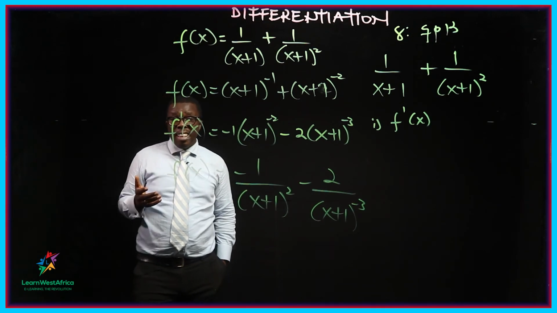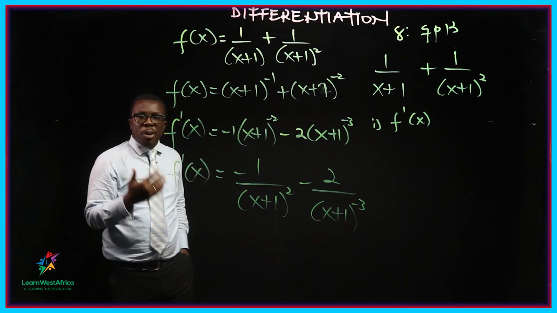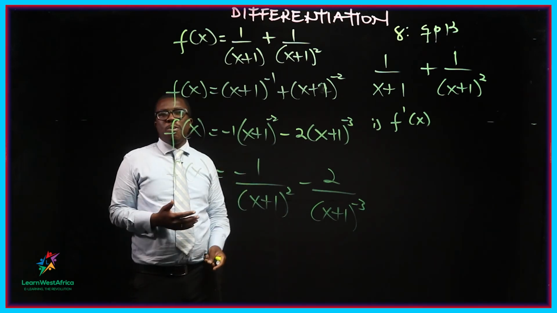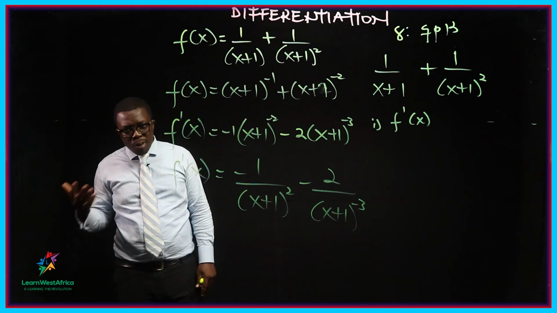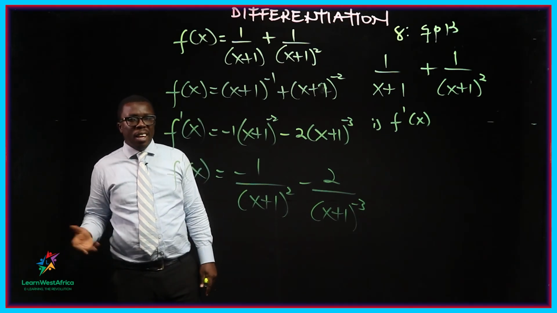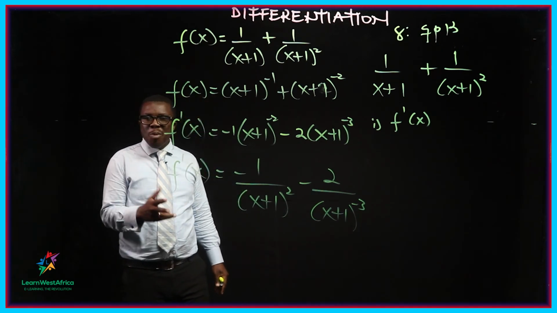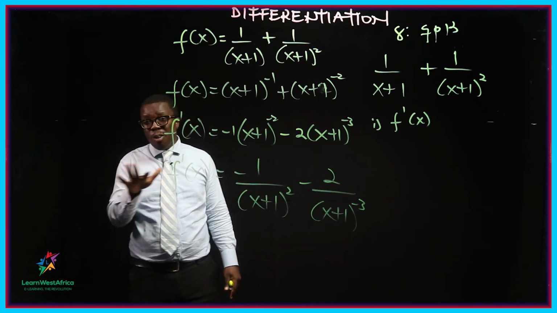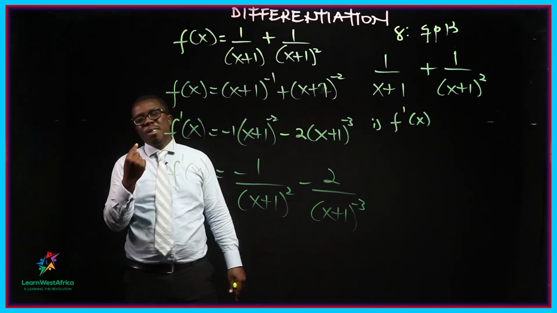You understand that? If the rate of change of the function is positive, then we can say that the function is an increasing function. If the rate of change is negative, then we say the function is a decreasing function. If the rate of change is not existent, then we say that the function is neither of the two. The rate of change is found by the first derivative.